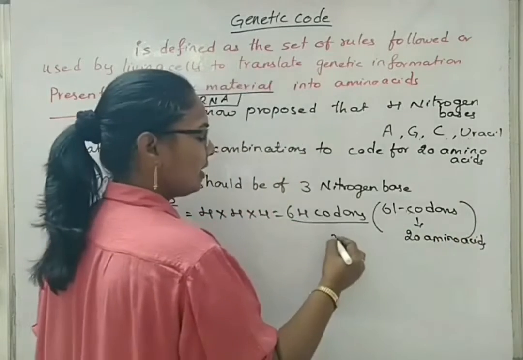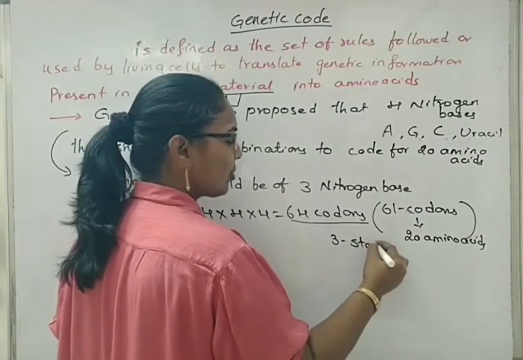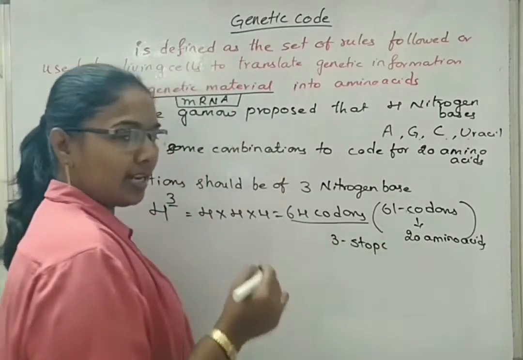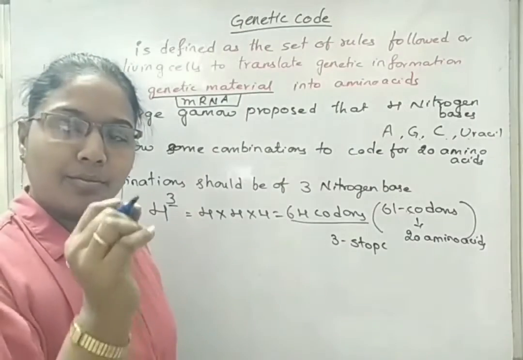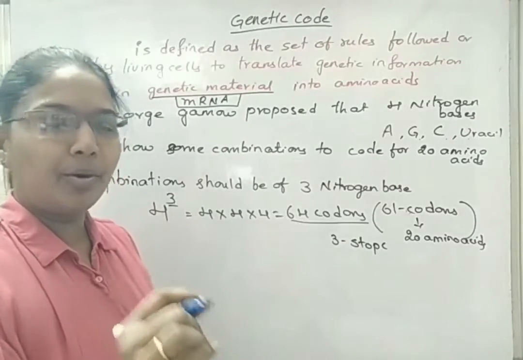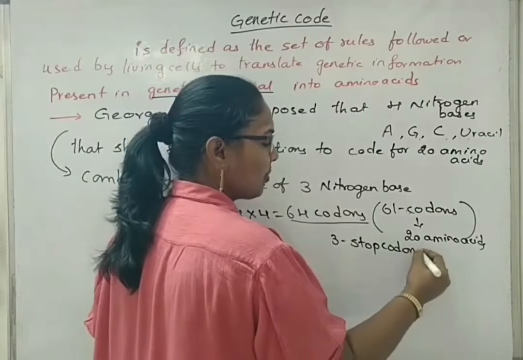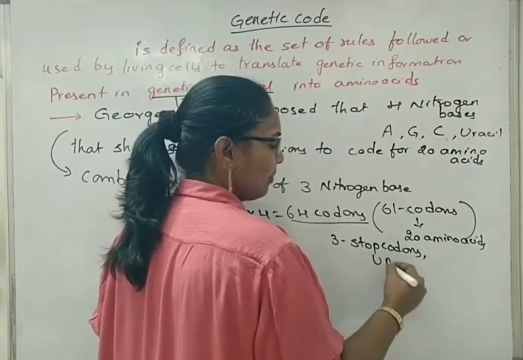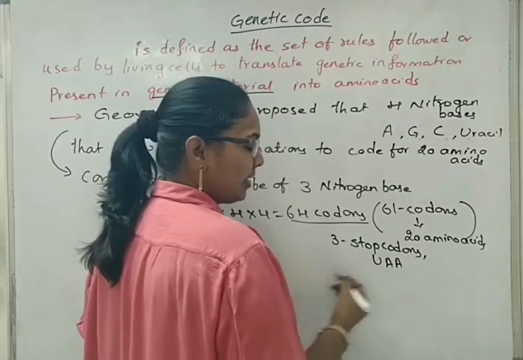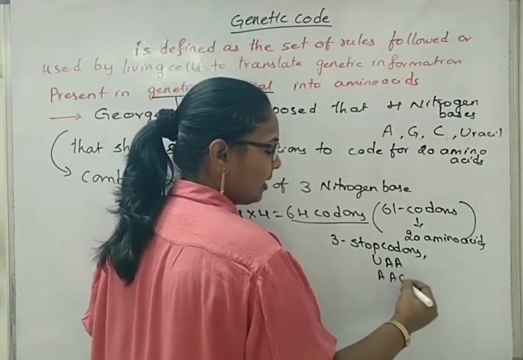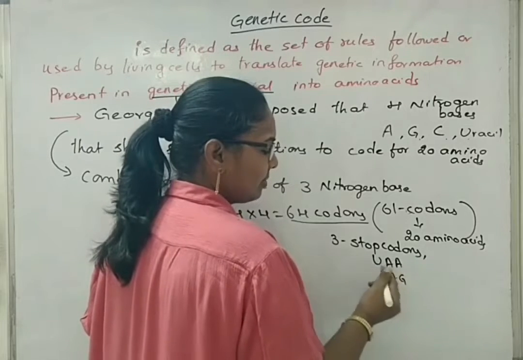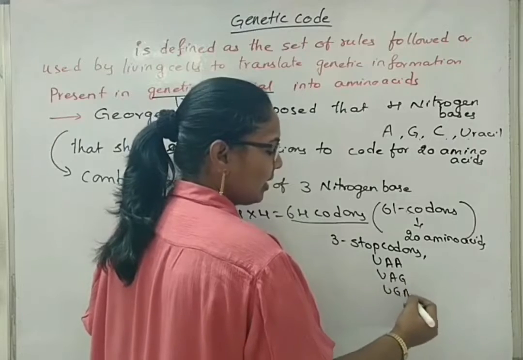What about the remaining 3? The remaining 3 are called stop codons. During the translation process, the protein formation is stopped at the point where it reaches a stop codon. It can be either UAA, uracil adenine adenine, or UAG, uracil adenine guanine, or UGA, uracil guanine adenine.